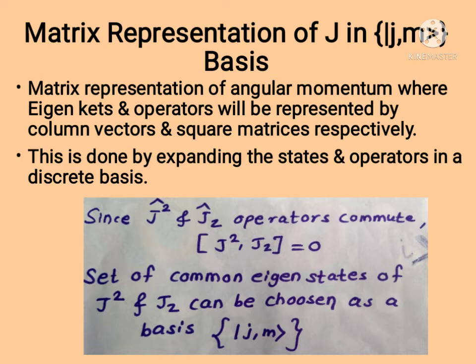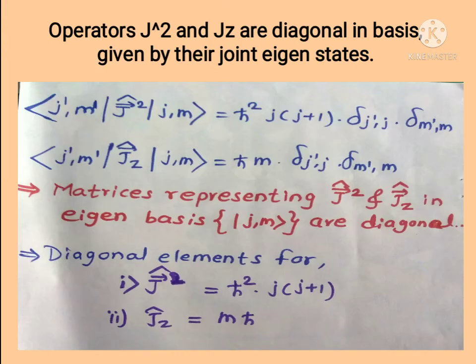formed by kets |j m>. As the operators J square and Jz are diagonal in the given basis, they are given by their joint eigenstates as follows. Here, the joint eigenstates are |j' m'> and |j m>.